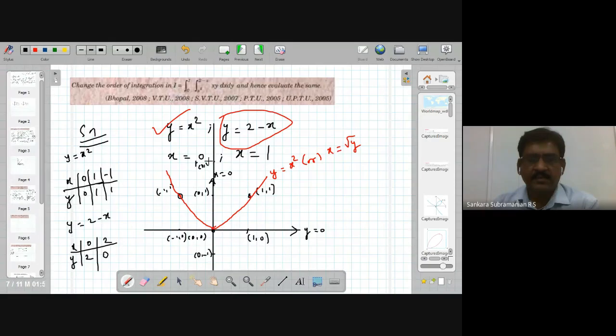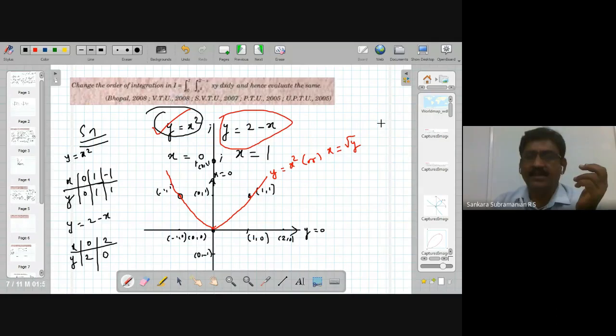Then 2,0, from here 1 2 3 4. This is 2,0. It looks like it passes through some point here. We have to plan that correctly. We have to find the point of intersection.